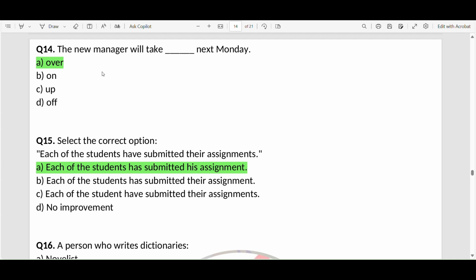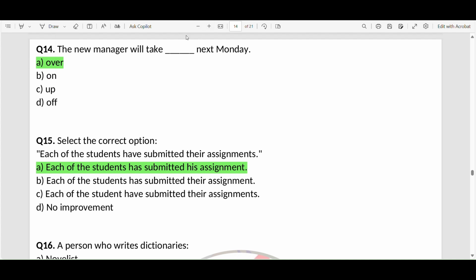Means taking a new responsibility will be the meaning for take over. Okay. And next we have take on. Take on means we are hiring someone, means taking someone into work, like that. So in that meaning take on will be working.